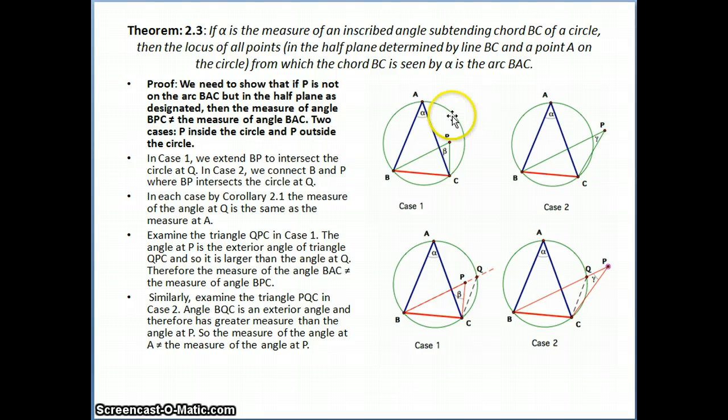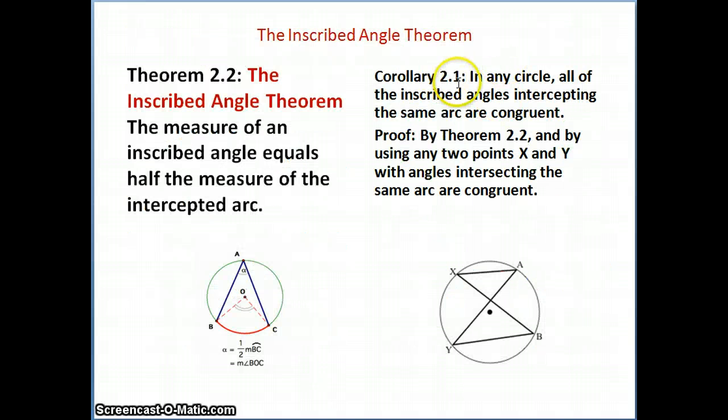So how do we prove this? We want to use an indirect proof. We already know that if it's on the arc, then from the last theorem, corollary 2.1, if they share the arc, for example A and B, these two angles must be congruent.